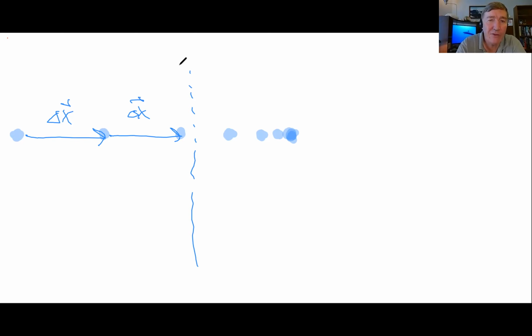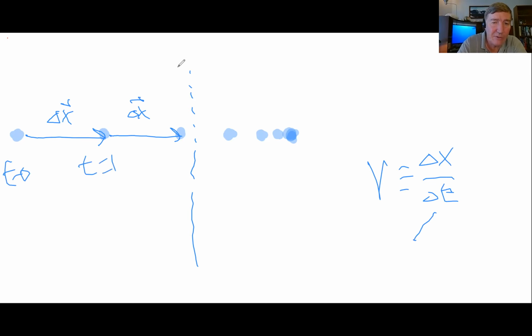So if I wanted to draw the velocity vector, okay, velocity is defined as delta x divided by delta t. So if I say that this is t equals 0 and this is t equals 1 and this is t equals 2, then each one of the time intervals there is just 1 second.